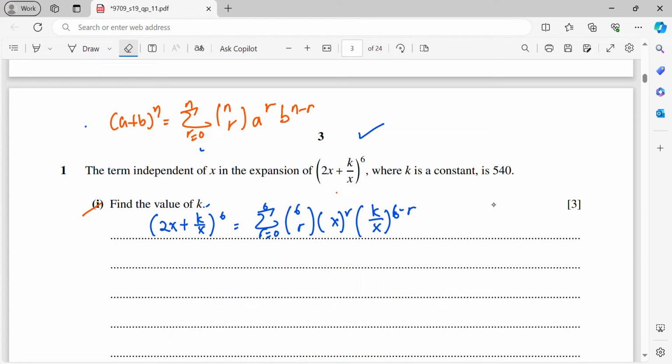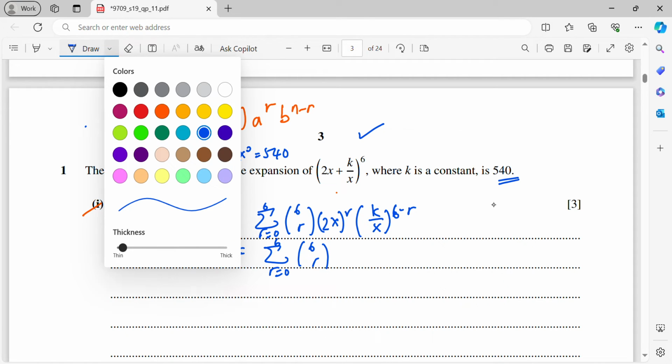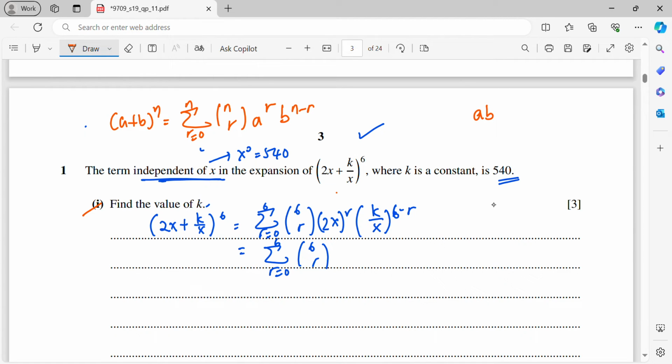So from here, since in the question you are given that the term independent of x is basically x degree 0, and it is given that it is 540, I will just split all the terms first. Now we have a formula here: if you have (ab) to the power of m, that is going to be a to the power of m, b to the power of m.